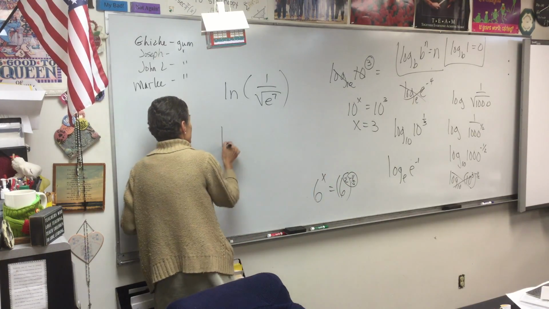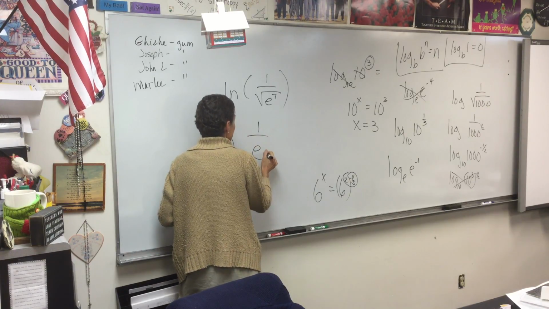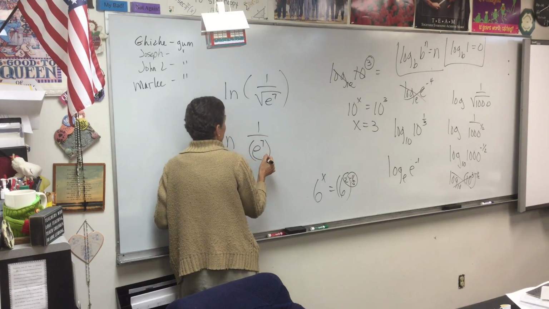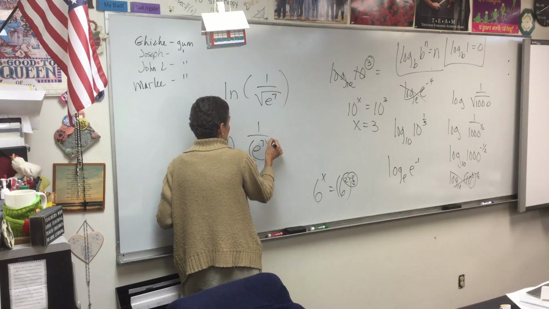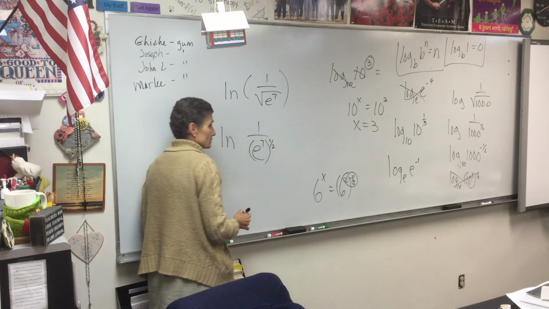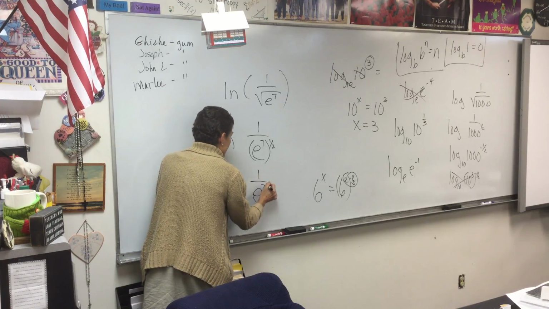First I have a radical, so what am I gonna do with that radical? I'm gonna rewrite it as 1 over e to the 7th to what power? The square root, sorry, 1/2. So this is 1 over e to the 7/2.